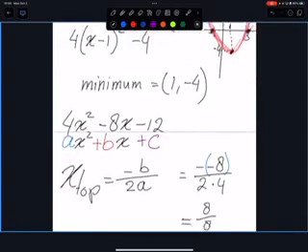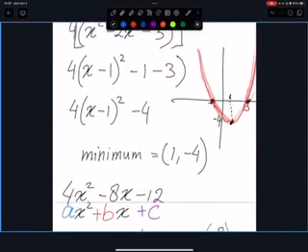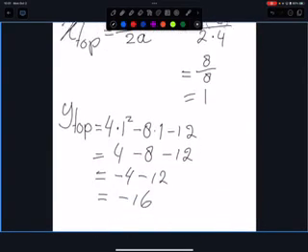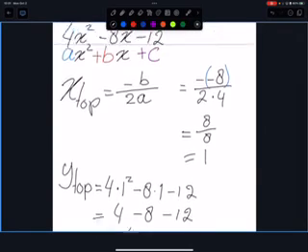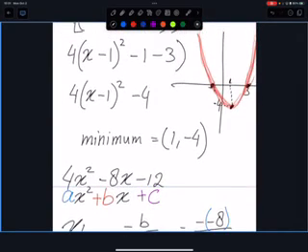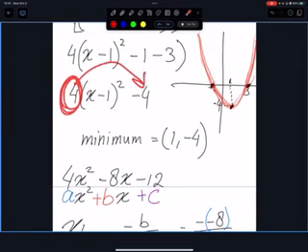Wait, did I make a mistake somewhere? I made a small mistake at completing the square. I still have to multiply the 4 with this number.